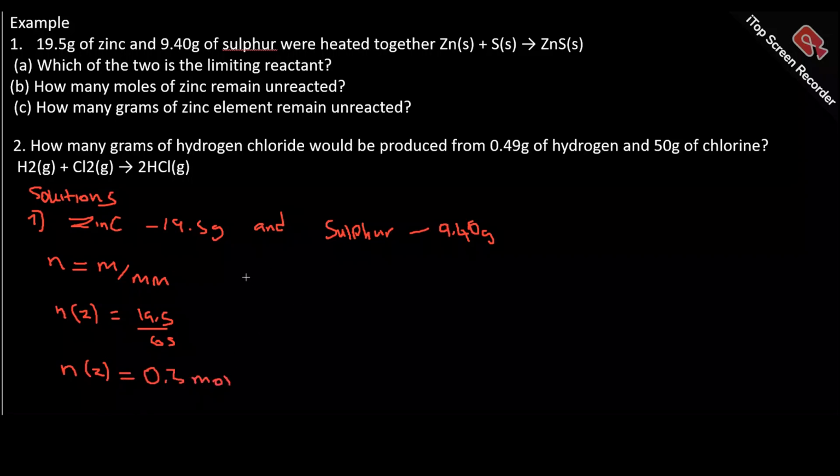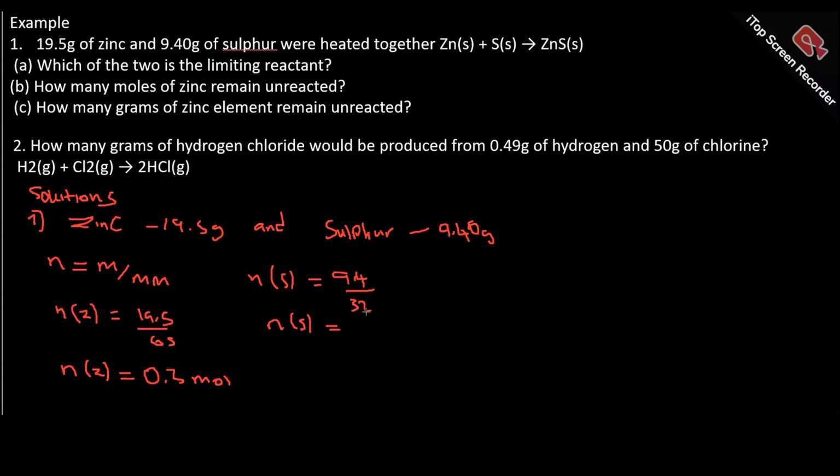Then what about sulfur? We'll do the same thing. So we have 9.4 divided by, when you check on the periodic table, it's supposed to be 32. That is the molar mass of sulfur.